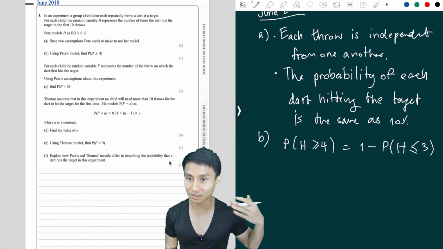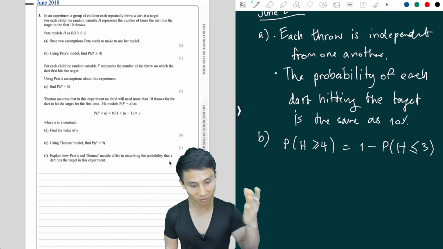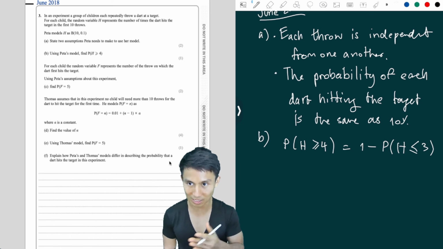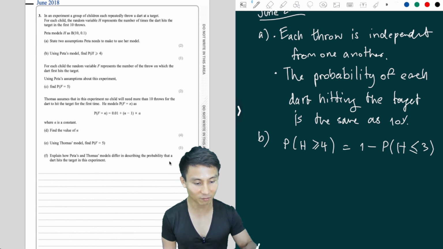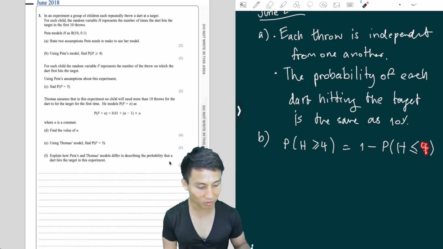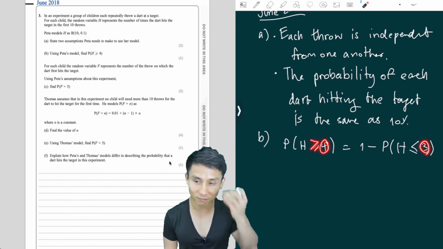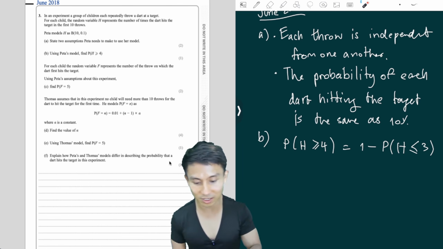Don't forget, this is a discrete distribution, so we can't just go less than or equal to 4 there. We have to go one less, because using 4 would be right for greater than 4 only, but this one includes 4, so we can't subtract 4 out. We have to subtract 3 instead.